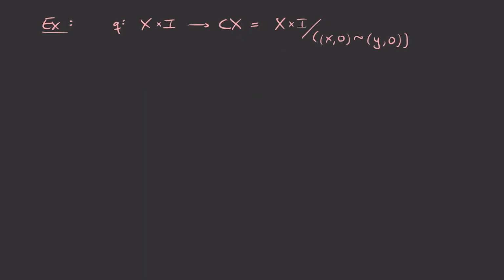Our second example concerns the construction of a cone over a space X. Remember that we defined the cone, CX, over a space X as the following quotient. First we take the cylinder over X. This is just X times the unit interval. Here I'm thinking of this top bit as being X, and here on the side we have the unit interval.